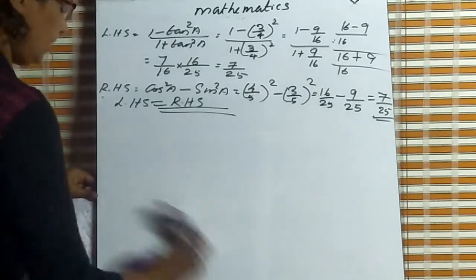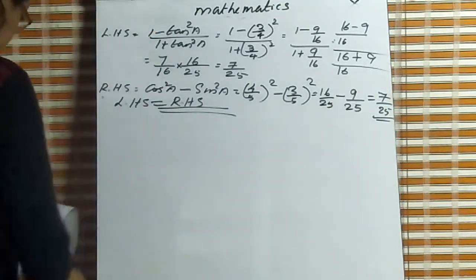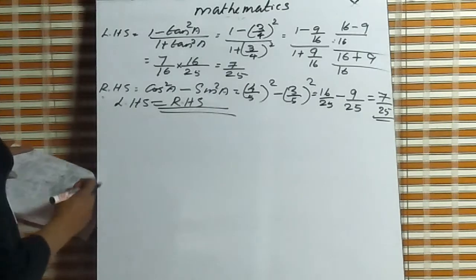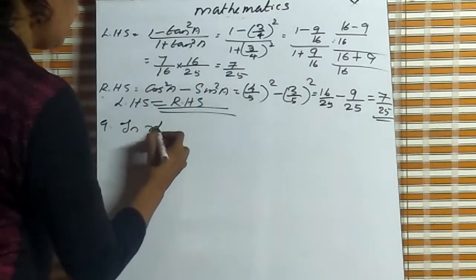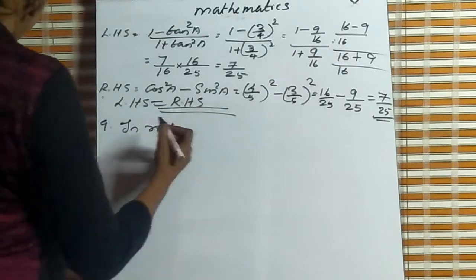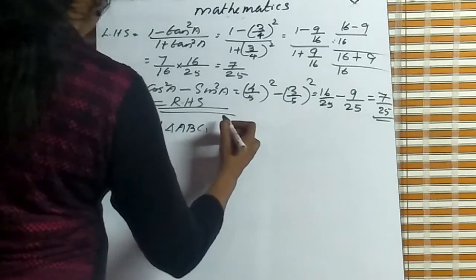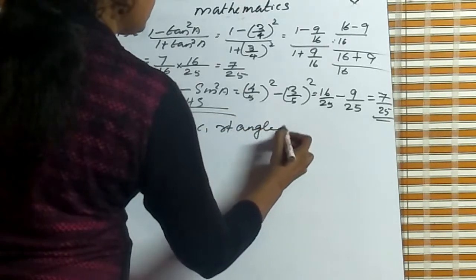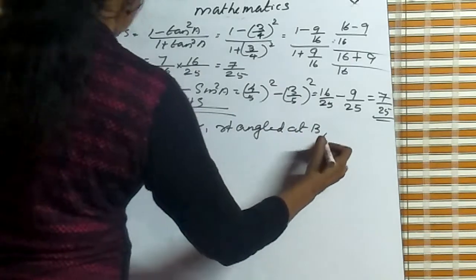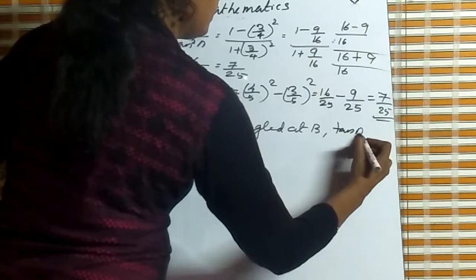Next question, exercise 8.1, question number 9. In right triangle ABC, right angle at B, tan A is equal to 1 by root 3.